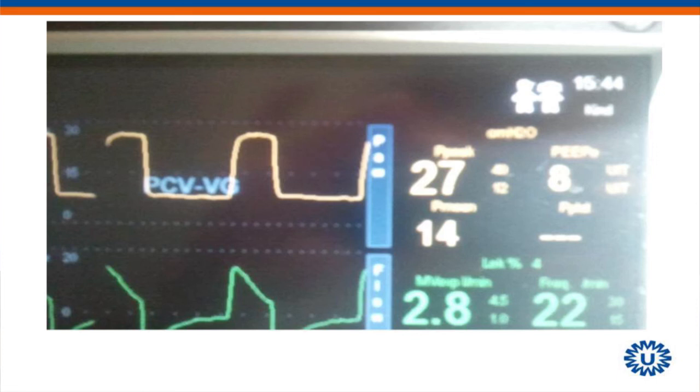But I think the plateau is the more reliable pressure. How do you get it? You get it by choosing volume controlled ventilation, or by making an inspiratory hold in pressure controlled ventilation. Yeah? 5 seconds is enough.